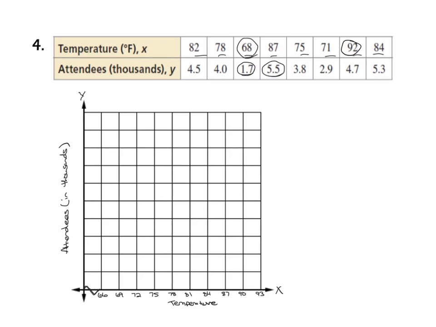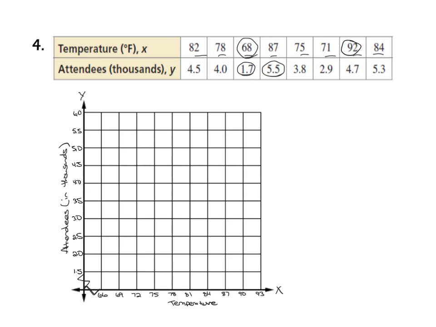So I think I'm going to put another one of these in here, and I'll start at 1.5 and then 2 and 2.5 and 3, 3.5 and 4, 4.5 and 5, 5.5 and 6. Okay. And then I have to plot each of these as data points.